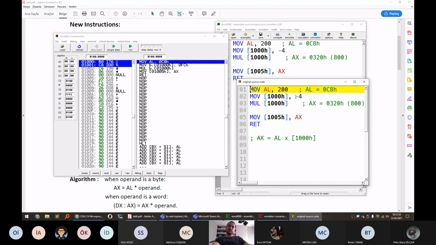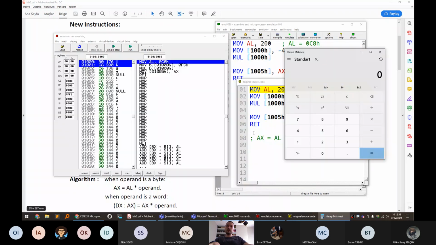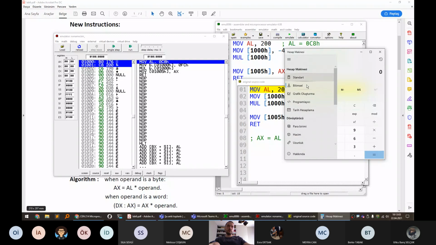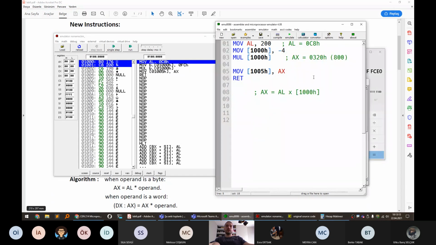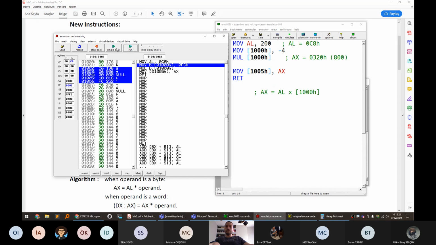The result is minus 800. And minus 800, in programmer mode rather than scientific, is FCE0. The result will be in AX, and the result is FCE0. Okay, we already emulated.